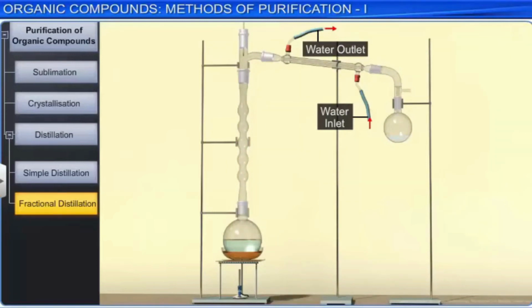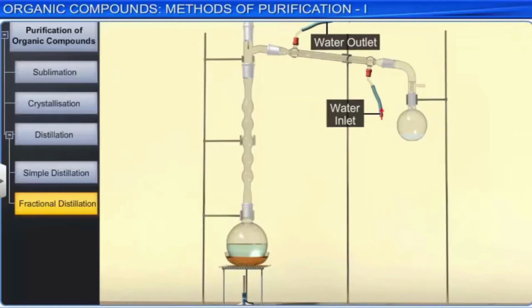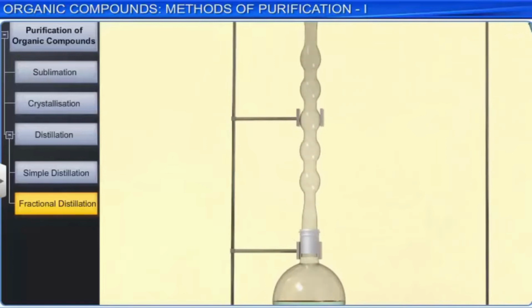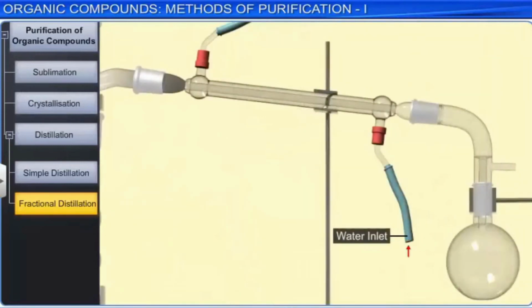As the liquid boils, the more volatile component rises to the top. Some of the condensing liquid obtains heat from the ascending vapors and gets vaporized again, becoming richer in the low boiling component. These vapors of the low boiling component rise to the top of the column, becoming purer as they reach the top. The pure vapor is passed through the condenser and the liquid is collected in a receiver.